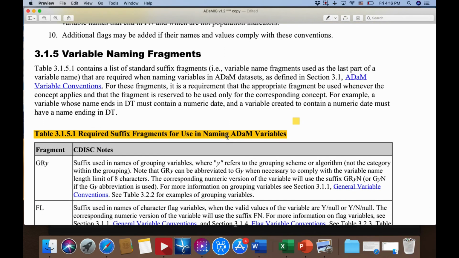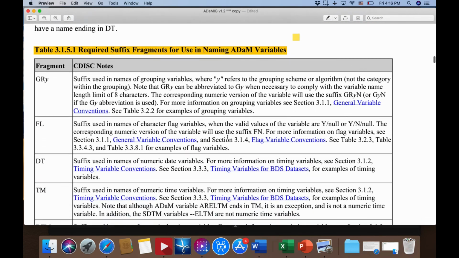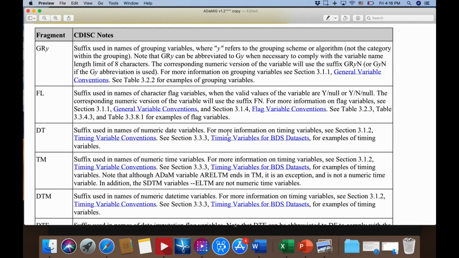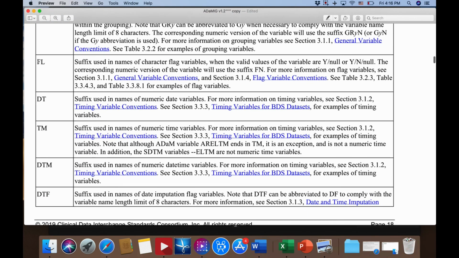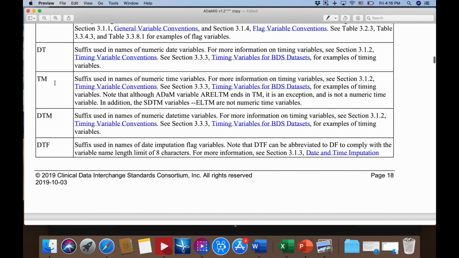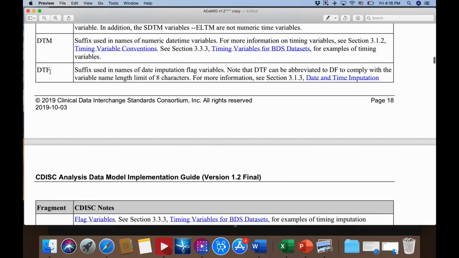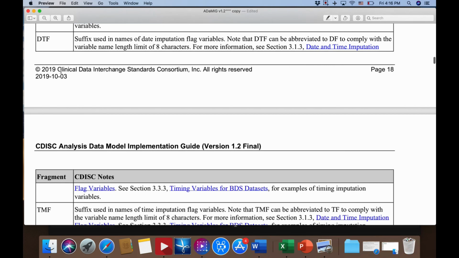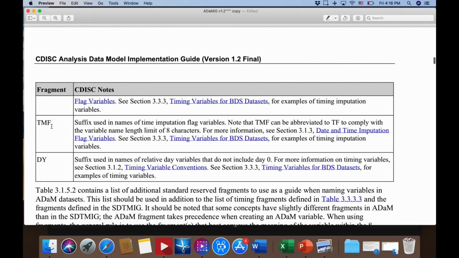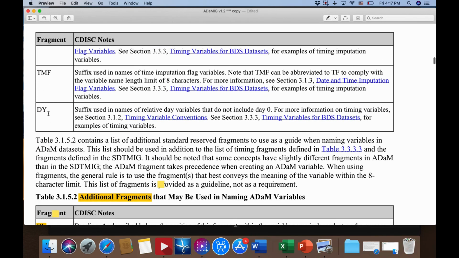For the naming fragments, as you can see, it's quite straightforward. For group variable, we have GR or GY. For flag, you have FL, or FN for the numeric. You have DT, you have TM, you have DTM for date and time, you have the date imputation flag and the time imputation flag.